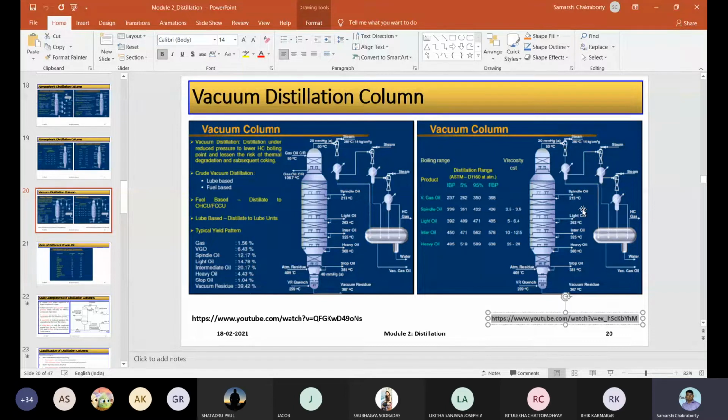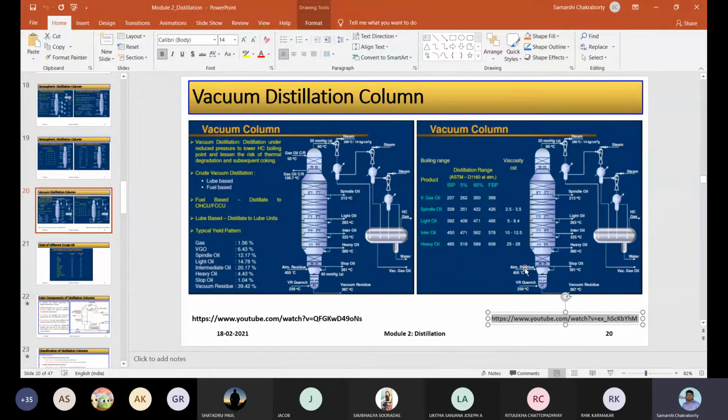But when this vacuum distillation column actually operates, the spindle oil is coming out around 213 degrees centigrade. Your light cycle oil comes around 263. Your inter oil around 325. Your heavy oil around 360, and your slop oil around 381.